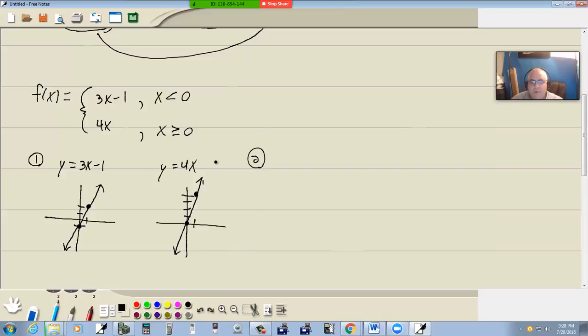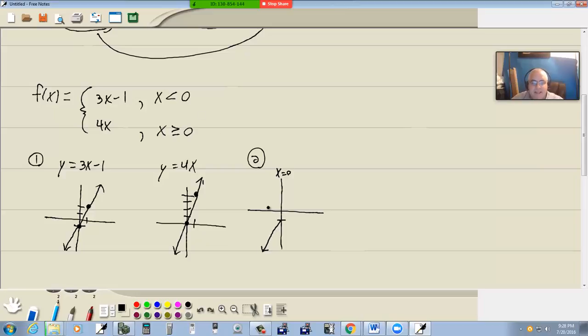Now step 2 is we want to apply our conditions. What that means is it looks like 3x minus 1 only when x is less than 0. That means here's x equals 0. This is the line x equals 0. And x is less than 0 means we want to keep the left side. Which means I only want to keep the left side of the graph.